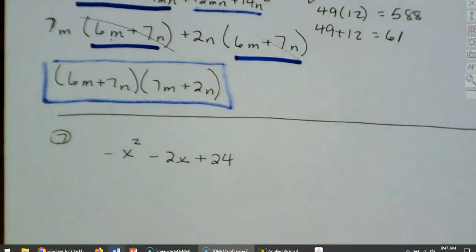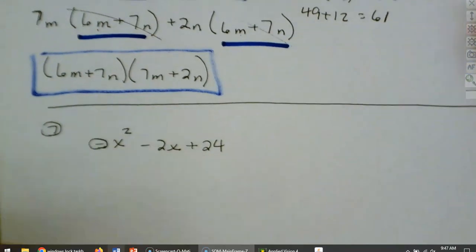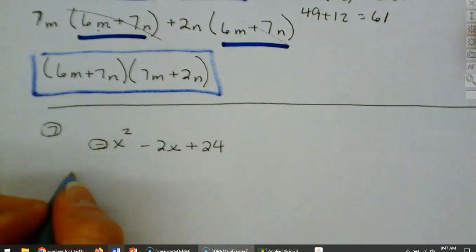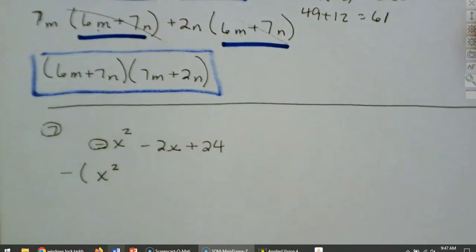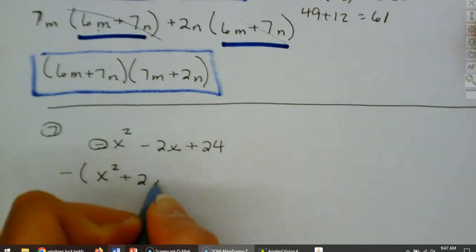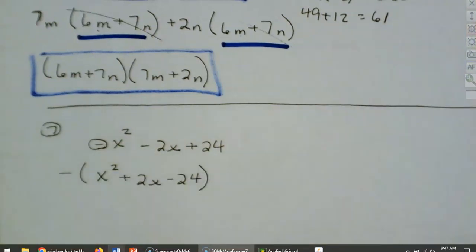Now, the very first thing that we need to do, if it begins with a negative, you always want to factor that out. So that negative comes out, and that leaves you then with an x squared plus 2x minus 24. So if it begins with a negative, you need to factor out the negative first.